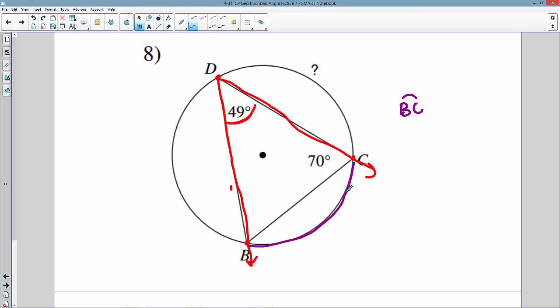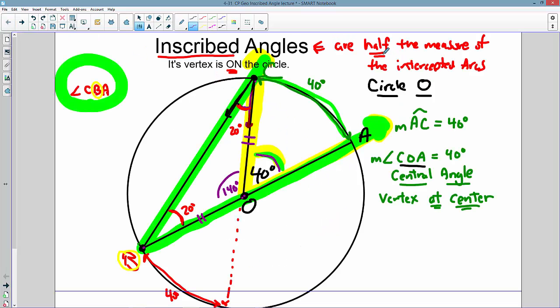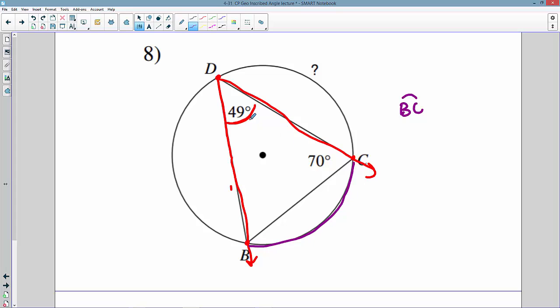And we know that the inscribed angle, this 49-degree angle, is half the measure of the purple arc, because inscribed angles are half the measure of the intercepted arc. So in this case, we're not given the arc, we're given the angle. To get back to the arc, we have to double it.